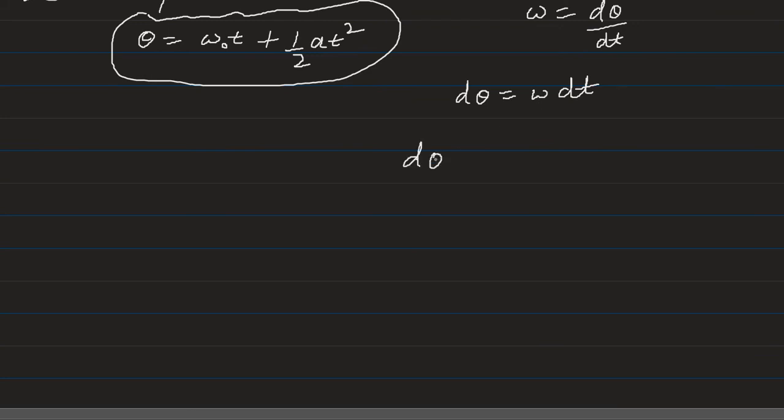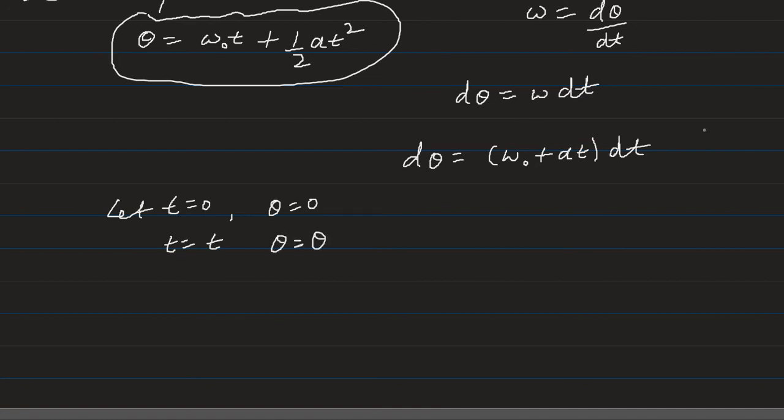We know that d theta is equal to omega की जगह हम भर देंगे omega naught plus alpha t, and बाहर है dt. Again we impose the conditions, our limits: let at t is equal to 0 the theta is equal to 0, and after time t, let's suppose theta becomes theta. So we'll integrate this equation and get our equation of motion.